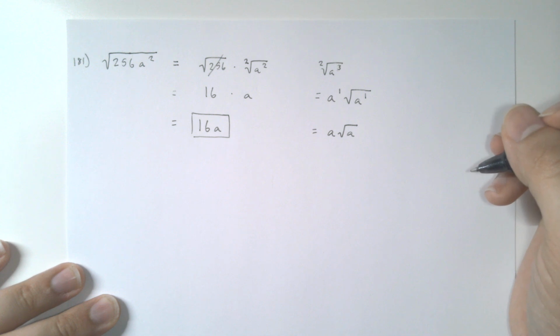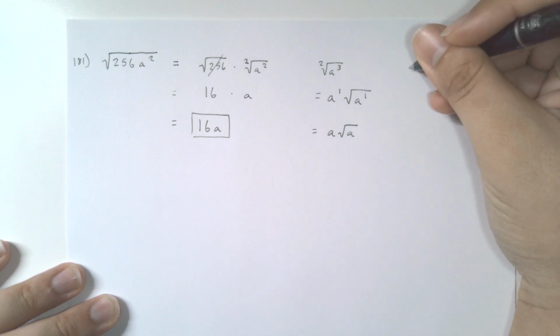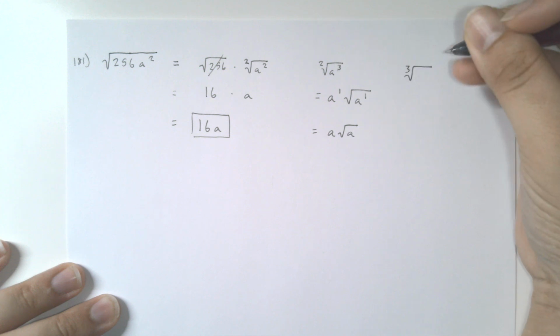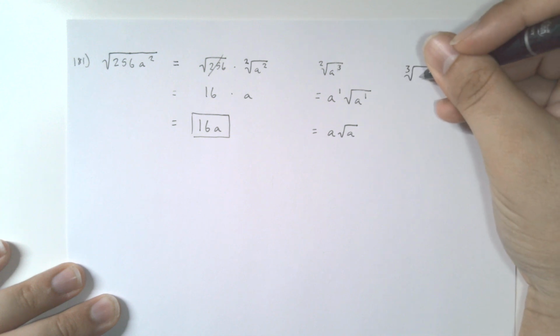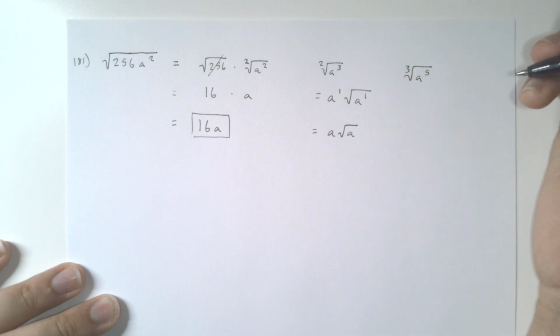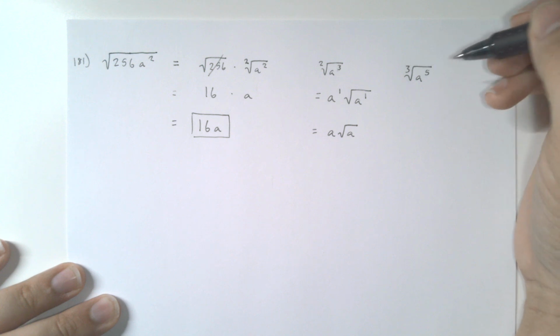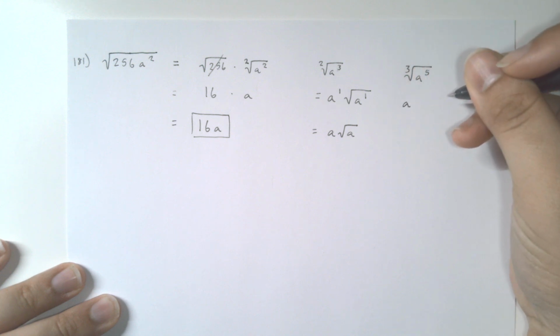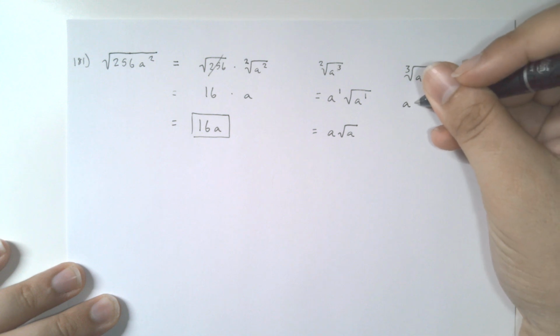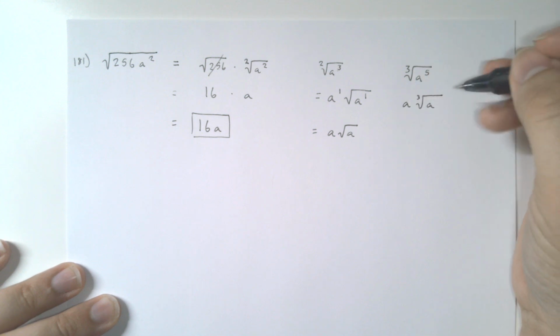And this actually works for whatever index we have. So what if we had, say, the cube root of a to the fifth power? Well, we ask ourselves, how many times does 3 go into 5? It goes in once, so we just have a to the first, times the cube root of a to the power of whatever our remainder is.